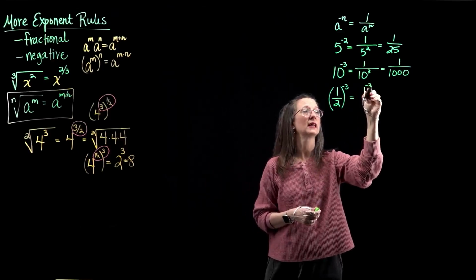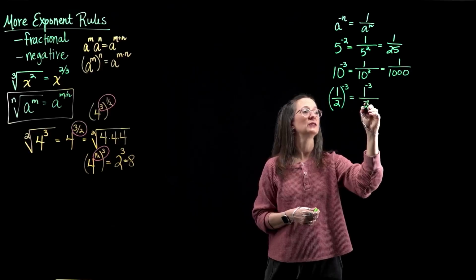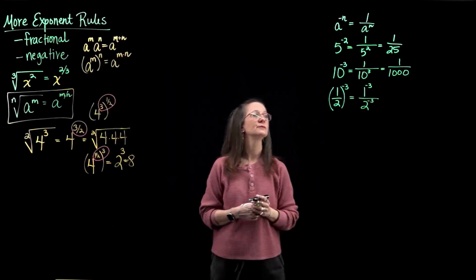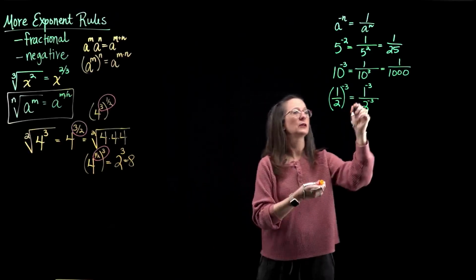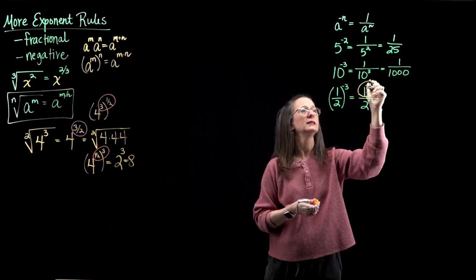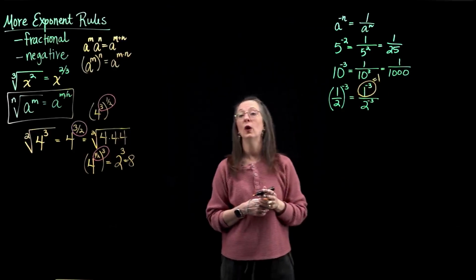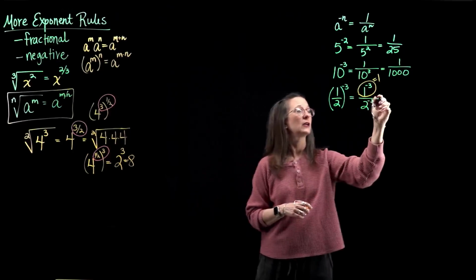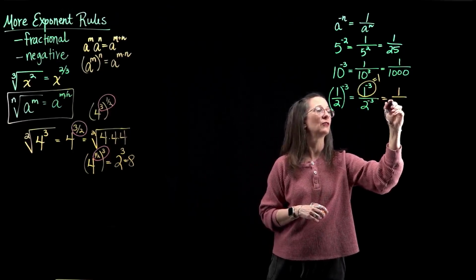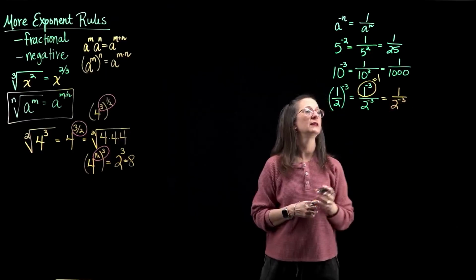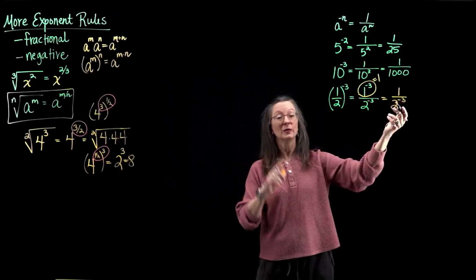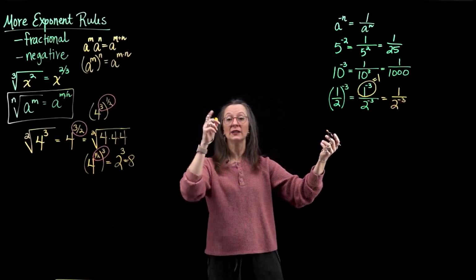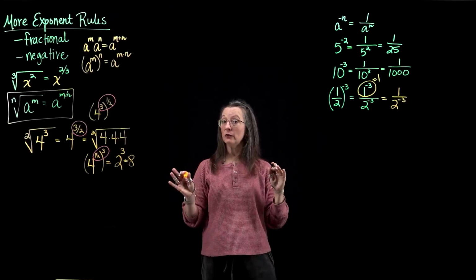So this would be 1 to the negative 3 divided by 2 to the negative 3 power. Now, really important to notice that 1 to any power is equal to 1. So I could rewrite this as 1 over 2 to the negative 3.